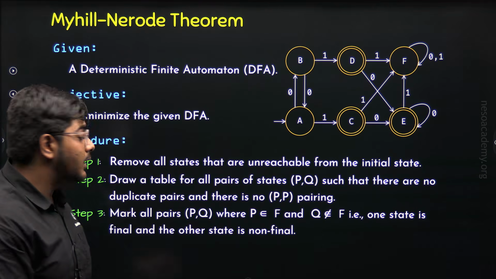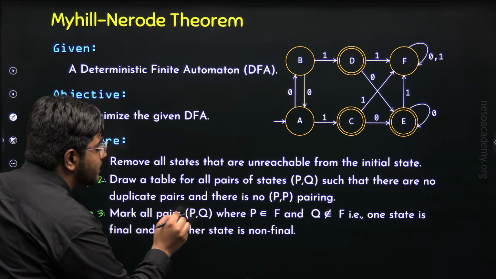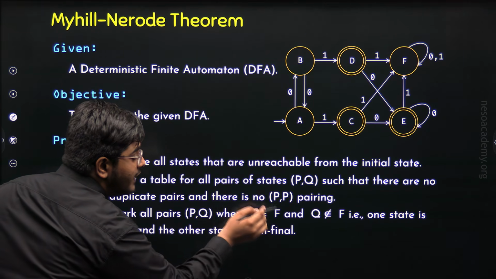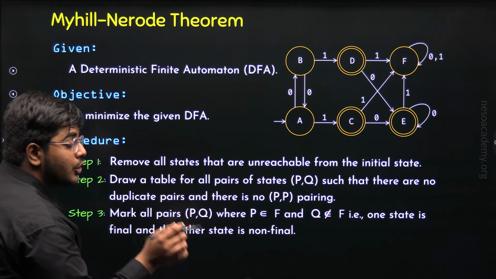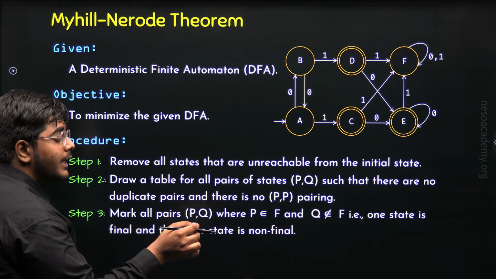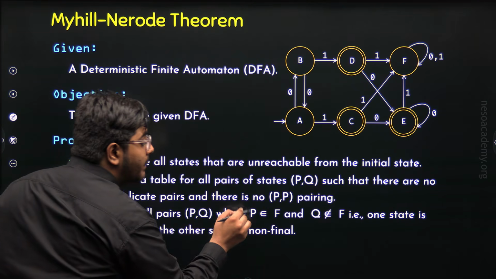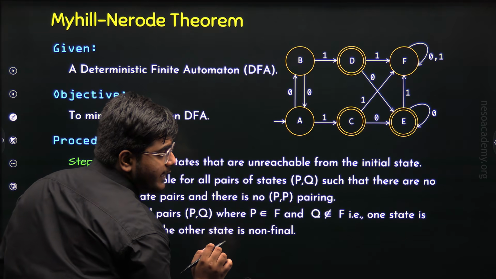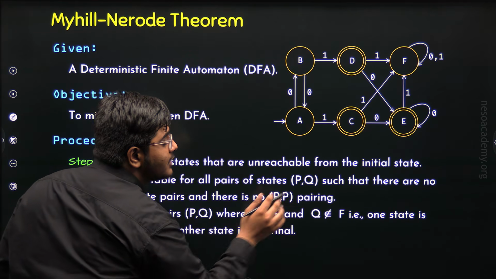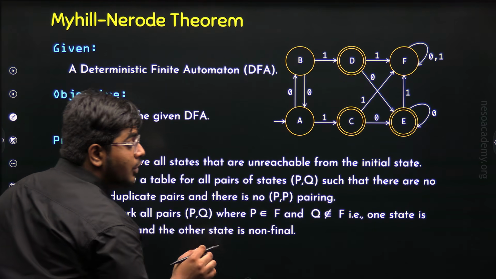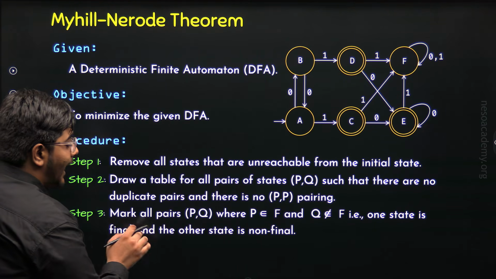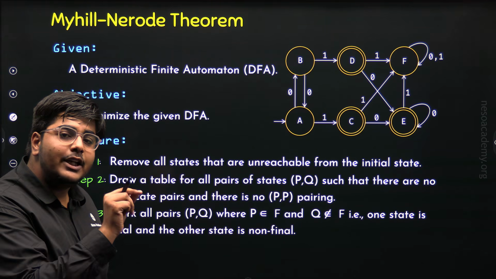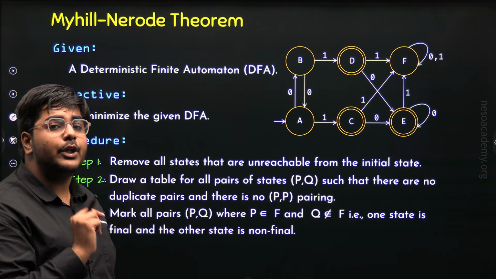In that particular table, you need to mark all the pairs P, Q where P belongs to the set of final states, this F being the set of final states, and Q belongs to the set of non-final states. Or we can say that Q does not belong to the set of final states. So if one state is final and the other state is non-final in that pair of states, then you have to mark the corresponding entry in the table.